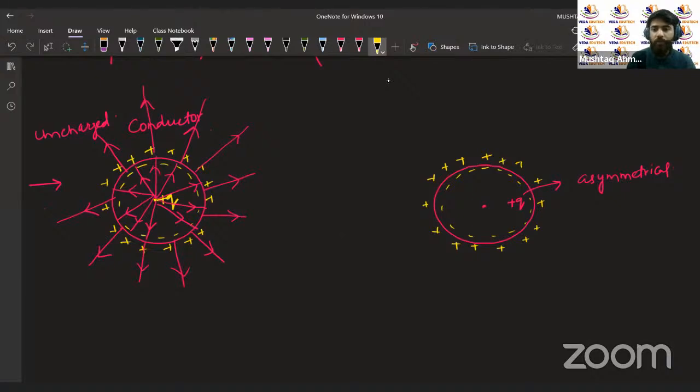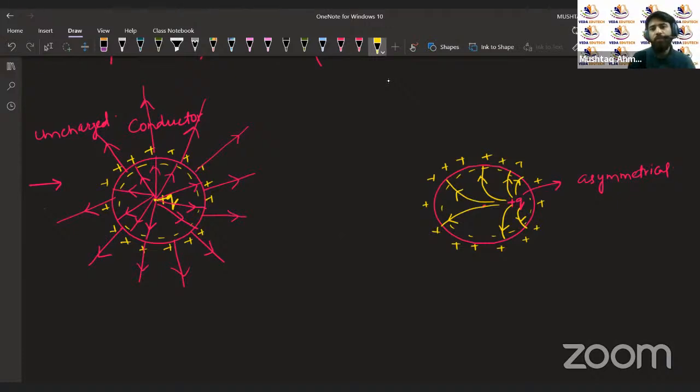Because of this charge plus Q present here, and the negative charge here, there will once again be electric field lines, but these electric field lines have to fall normal to this conducting surface, like this. So this is how the electric field lines will be because of this charge.